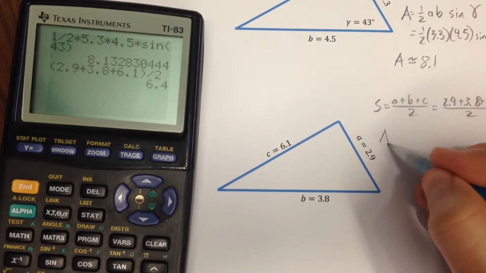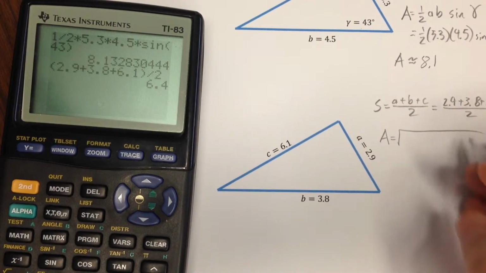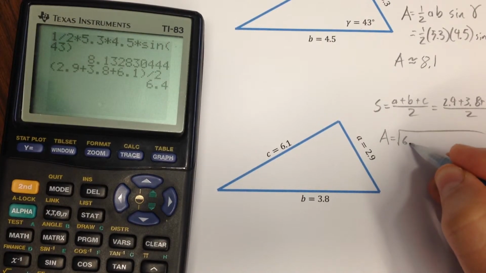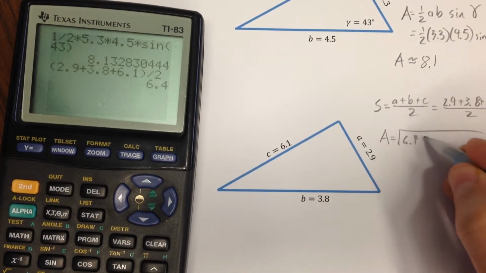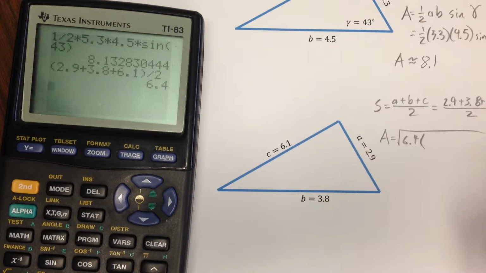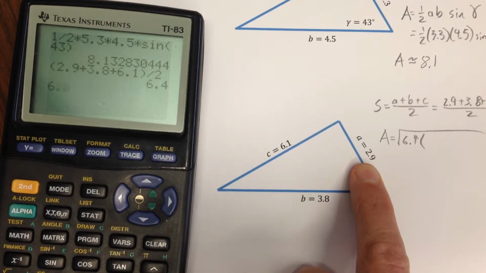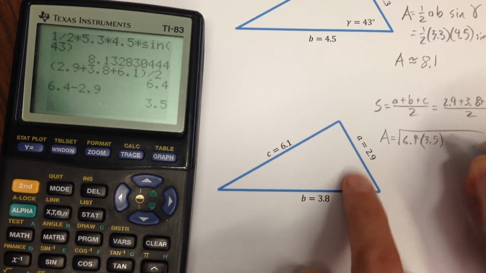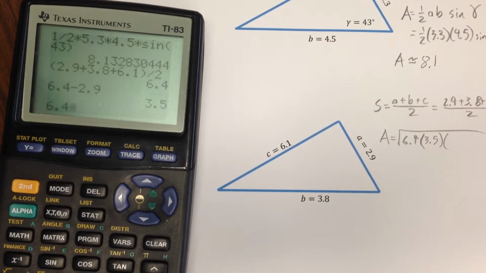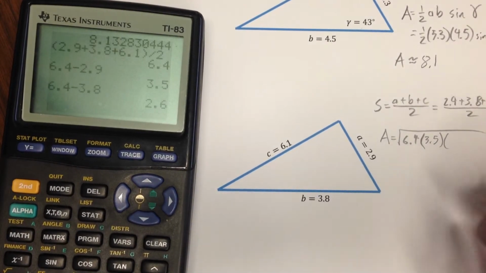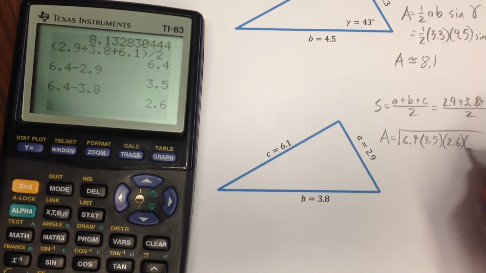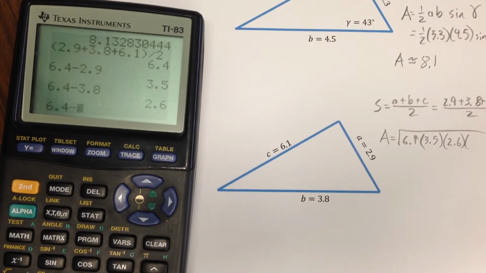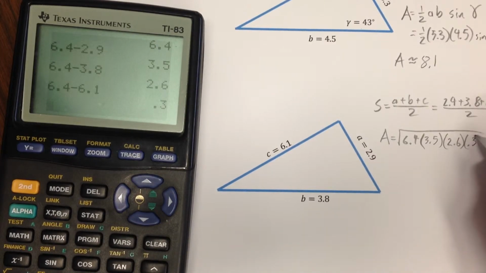Okay, so now what I do is I take the square root of 6.4 times 6.4 minus A, 6.4 minus our 2.9, so that's 3.5. 6.4 minus B, 2.6, and then 6.4 minus C, 0.3.